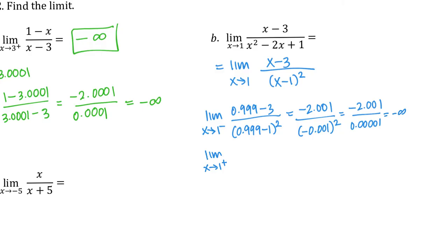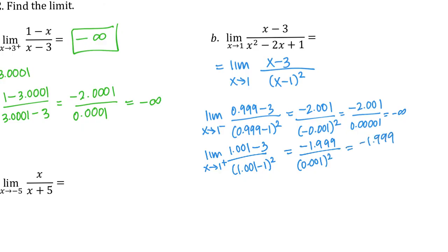From the positive side, let's consider 1.001 over 1.001 minus 1 squared, which is negative 1.999, which is almost negative 2, over 0.001, and I square it, which is negative 1.999 over 0 point a bunch of zeros, 1.